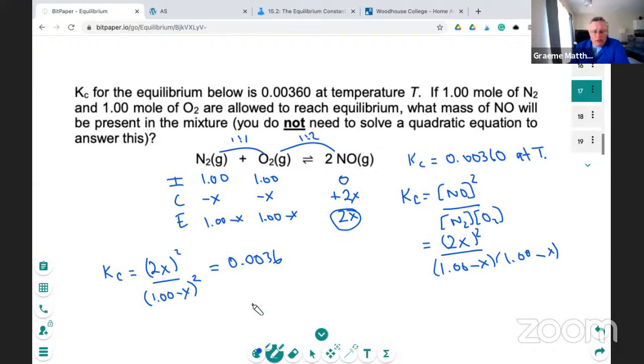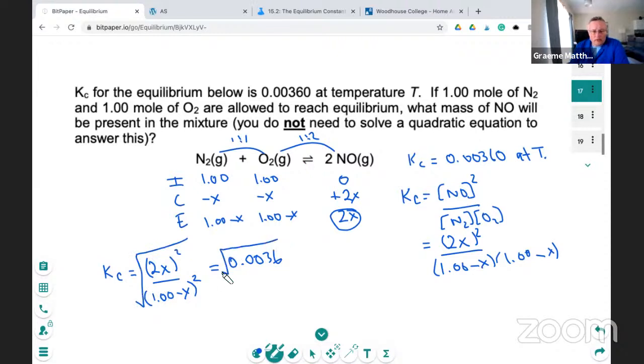Now, chemists, I could bring the denominator over to the right-hand side, distribute the 0.0036, and form a quadratic equation. Or I could just take the root of both sides, like so.